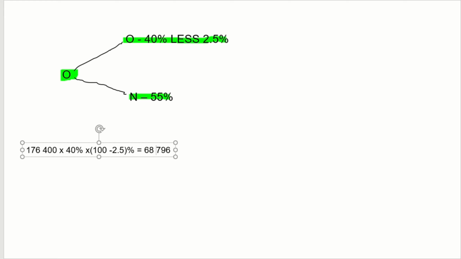We take the credit sale multiplied by the 40%, then again multiplied by what? By the 100, subtract the 2.5%. Okay, so it's like that. Then after so doing, you do this all on your calculator, then you're gonna get 68,796.